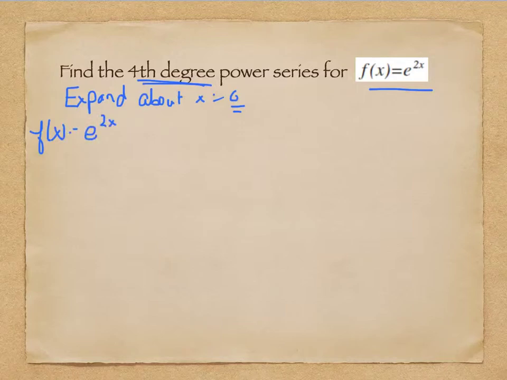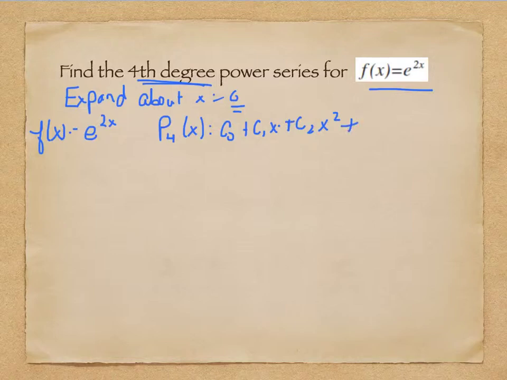Since we want our fourth degree power series, we'd write that p sub 4 of x would be c sub 0 plus c1 x plus c2 x squared plus c3 x cubed plus c4 x to the fourth. So we're trying to figure out what all those values of c are. For these to be equivalent functions, what I want to do is put x equals 0 into both of these functions.